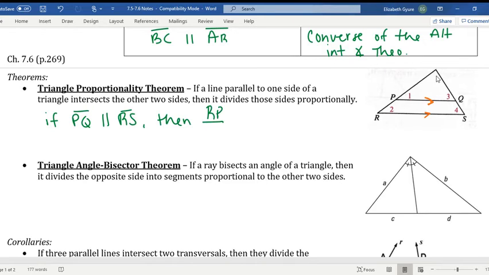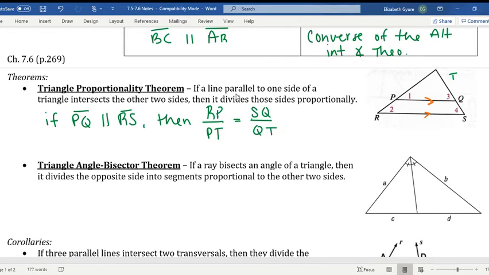That should be a T. You guys can see it on the copy I posted, right? I don't know if you downloaded it. If you didn't, that should be a T. My Microsoft Word on my HP ProBook has something going on with the margins that I need to figure out how to fix. So the measure of RP to PT equals the measure of SQ to QT.